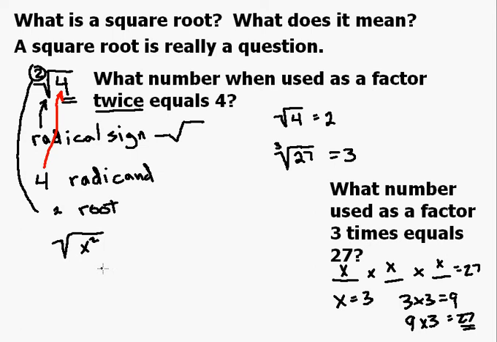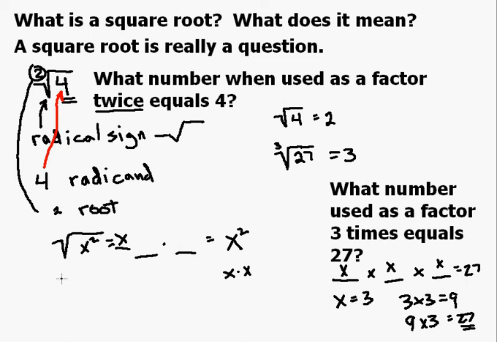Well, what could I multiply by itself twice, use as a factor twice, to equal x squared? Well, by definition, x squared is x times x. So the answer to this question would simply be x, right? X squared is equal to x times x. So what could I use as a factor twice to get x squared?